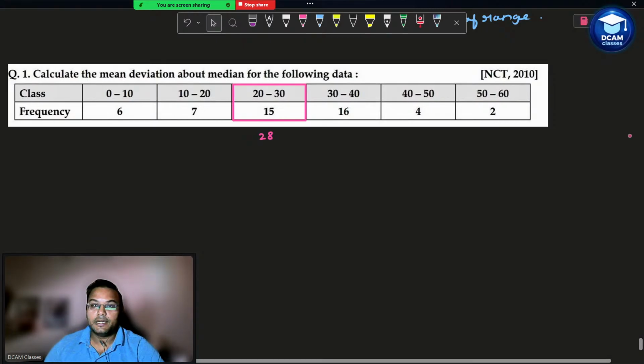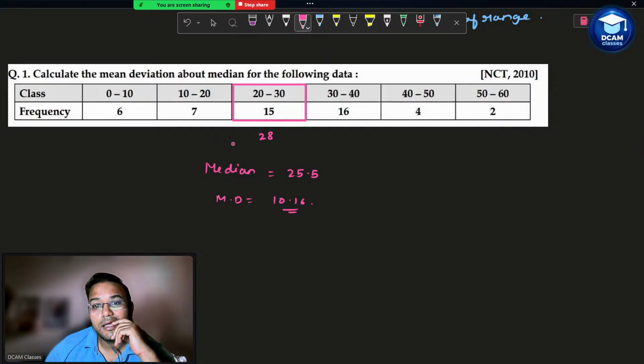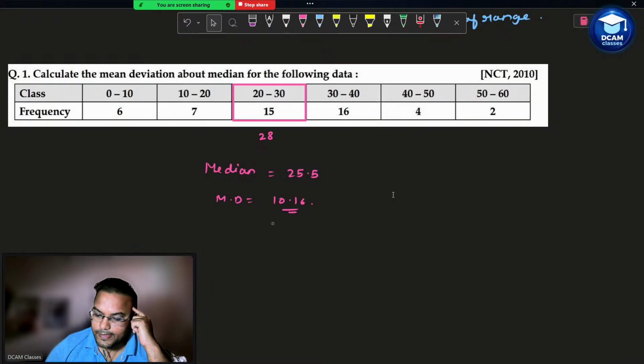The value of median that you should get is 25.5, and then the mean deviation. No, I got 28 as well. Median I got 28 as well. It's not 25.5, it's 28. 20 plus 25 minus 13 by 15 into 10.